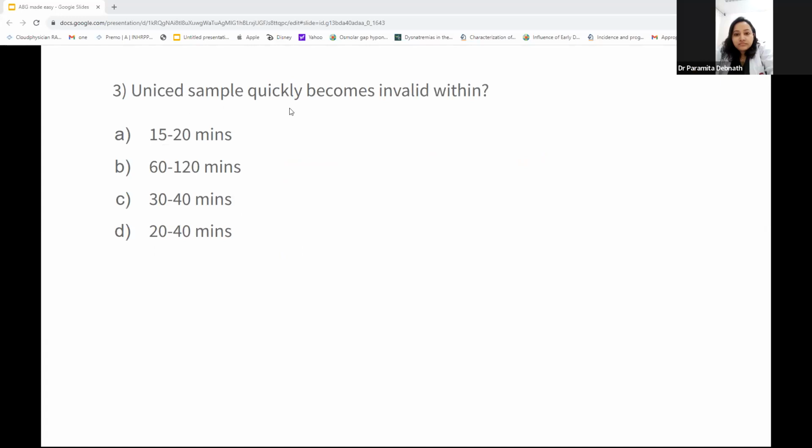So uniced sample, how quickly will it become invalid? What's the answer? Uniced sample.